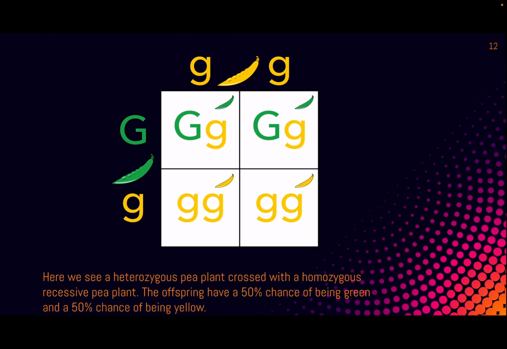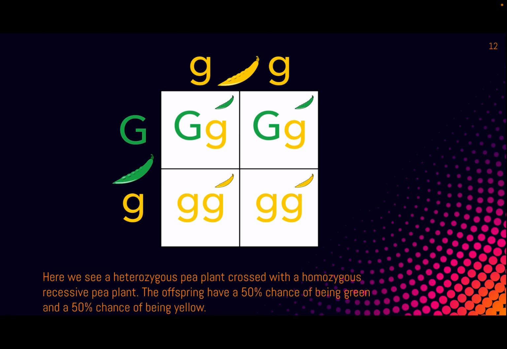So this is an example of Gregor Mendel's experiments that he looked at with the pea plants. So green is dominant over yellow, which is why it's represented by the big G. So in this example, we are crossing a heterozygous pea plant on the left with a homozygous recessive pea plant on the top. The genotype of the heterozygous plant would be big G, little g.